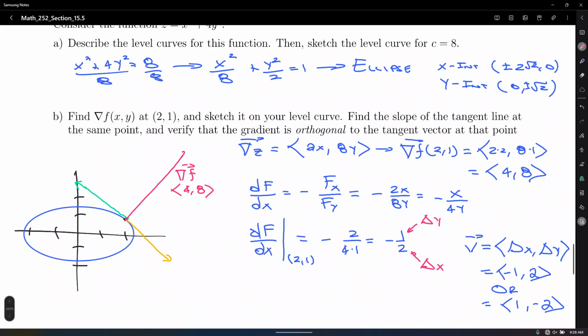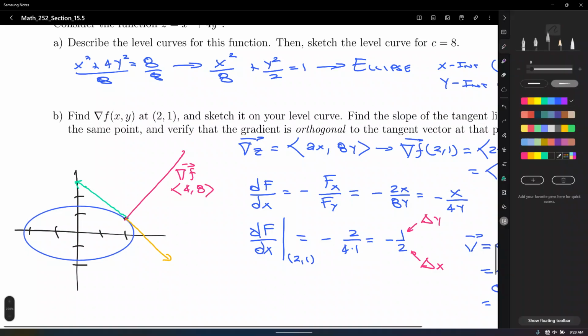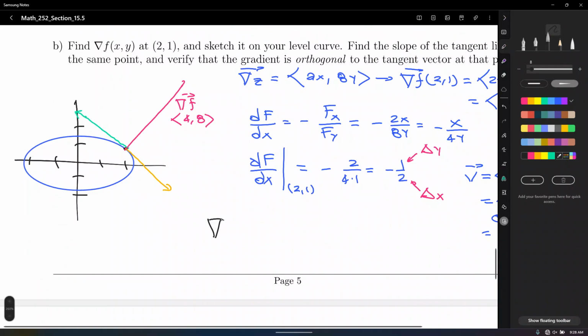But the picture is not enough. We need to show this algebraically. Again, how do we show that two vectors are orthogonal? The dot product equals 0. Let's verify that. Okay, is it true that nabla f at (2, 1) dotted with v equals 0?